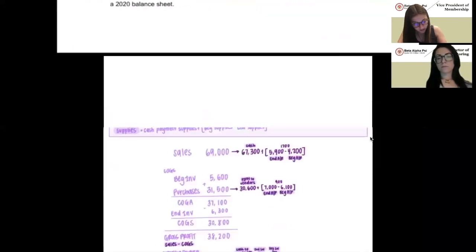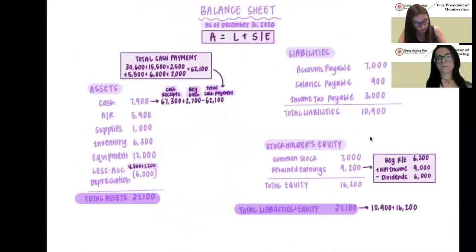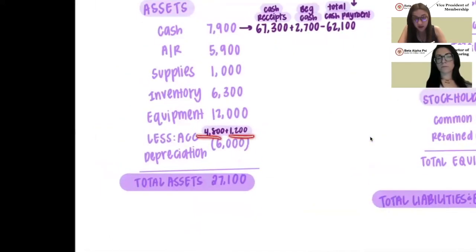And during the year, we had a depreciation expense of 1,200. So 4,800 plus 1,200, we're going to have an ending accumulated depreciation amount of 6,000. So we add all these numbers up, less our accumulated depreciation. Our total assets is going to be 27,100.